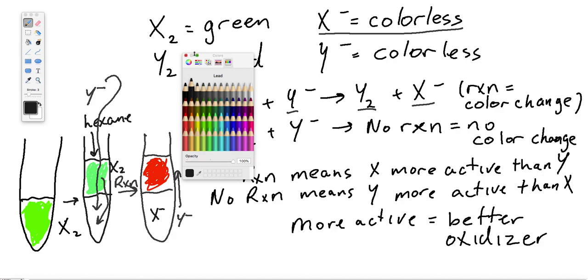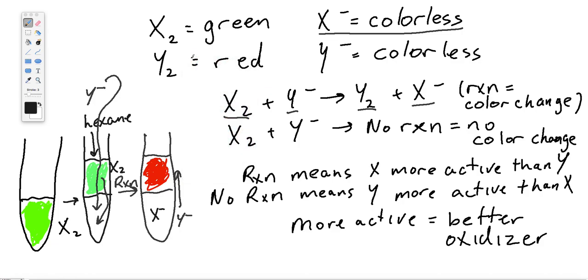So we know that a reaction then has occurred. Now if there was no reaction once we added the Y minus, then what we would see is no change. And that's really the important point to note here. So if you don't see that color change, you can assume that no reaction has occurred.